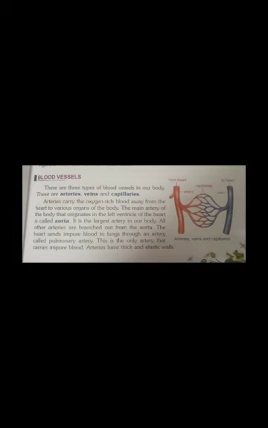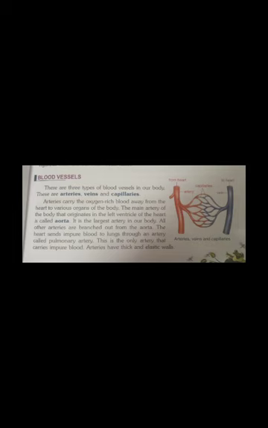Other arteries carry oxygen rich blood. So what is the function of arteries? Arteries carry oxygen rich blood from the heart to various organs. Only the pulmonary artery contains the impure blood, and the heart sends impure blood to the lungs through an artery called the pulmonary artery.